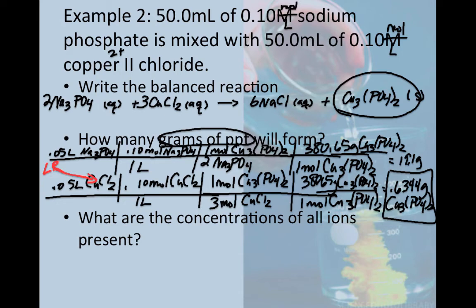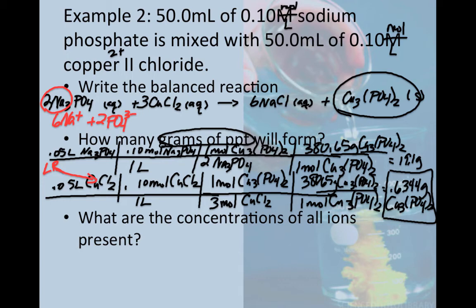And now we get to do the concentration of all the ions present. So I know that the copper went away, but let's list out our ions. I get 6 sodium ions out of this piece, and 2 phosphate ions. Since sodium phosphate is not my limiting reagent, I'm going to have extra phosphate hanging around, so we'll save that for the last.